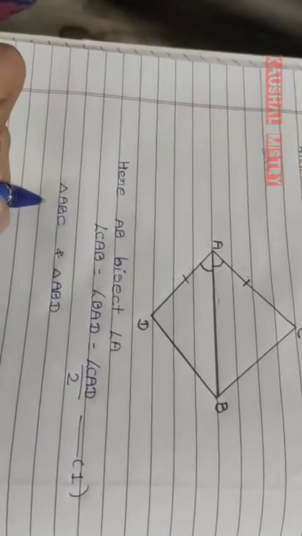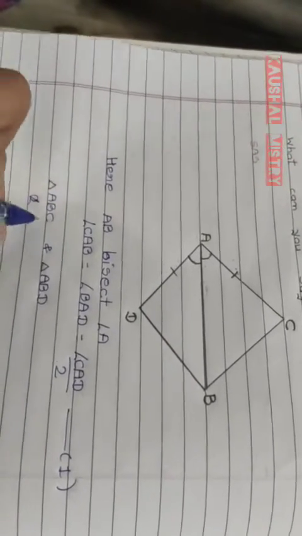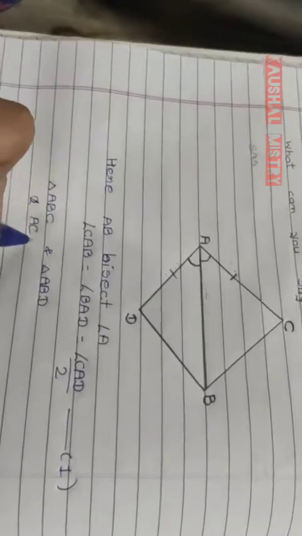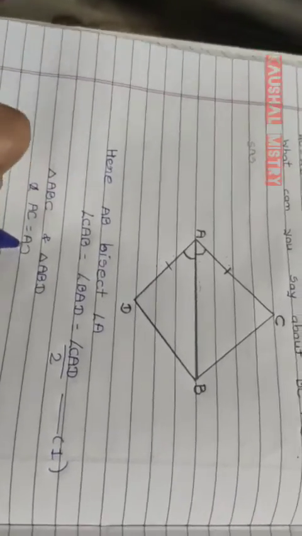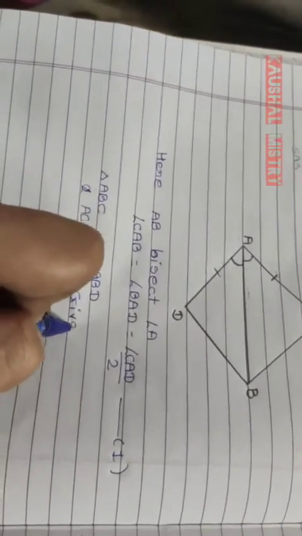Now first we will take the equal side. AC is equal to AD, that is given. This condition is important.